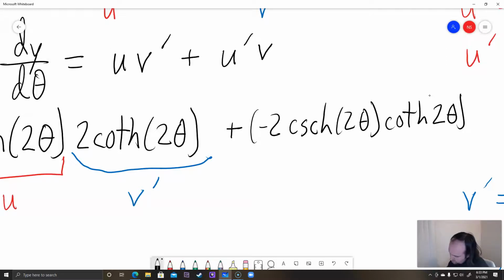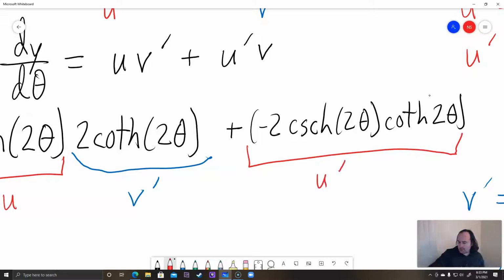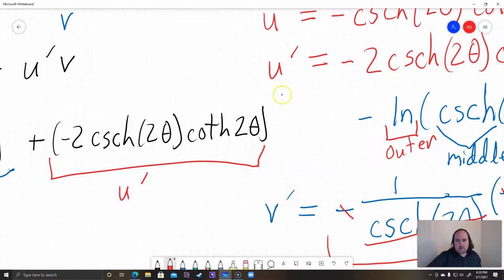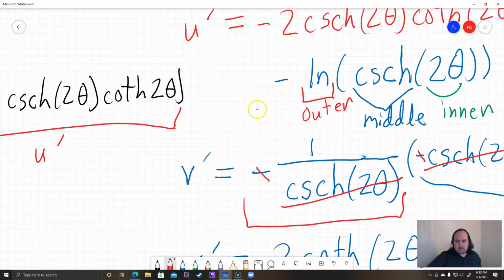Ooh, that's a long one. That's u prime. And then we have to multiply that times v. So here v was this whole business here. So 1 minus ln of cosec of 2 theta. So I'm going to have to erase all this so I actually have room.